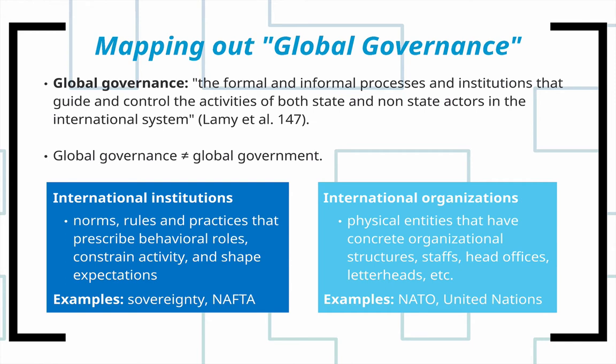So global governance, to define it, is simply the formal and informal processes and institutions that guide and control the activities of both state and non-state actors in the international system. So we'd be talking about representatives of states like the United States and Canada and Japan, but this would also be talking about NGOs, it would be talking about multinational corporations, really anyone that is operating over and above the level of the state, and even states themselves are in some ways shaped and constrained by global governance.